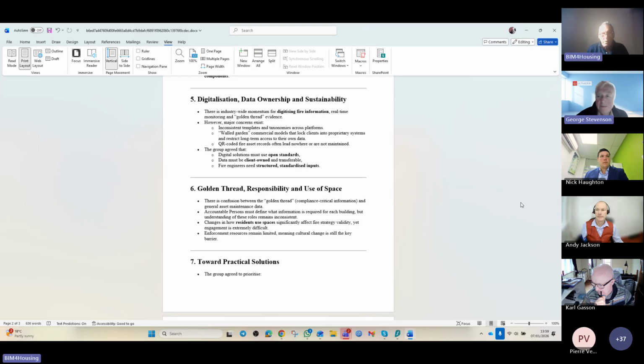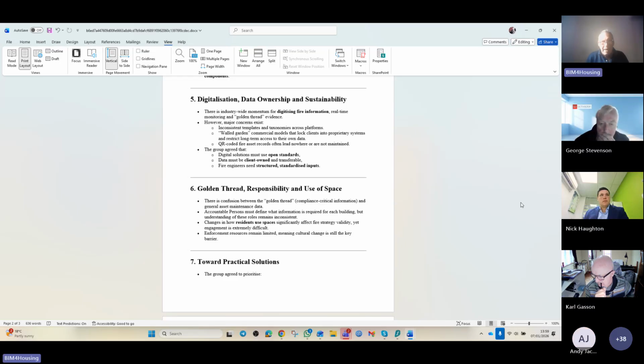Okay, right. Let's move through now to number 6, which is golden thread, responsibility and use of space. There's confusion between the golden thread, compliance and critical information, and generalist asset maintenance data.